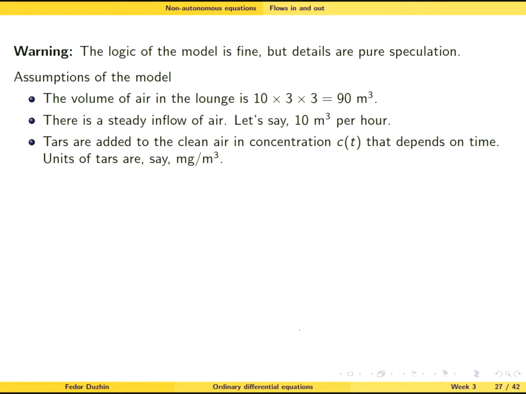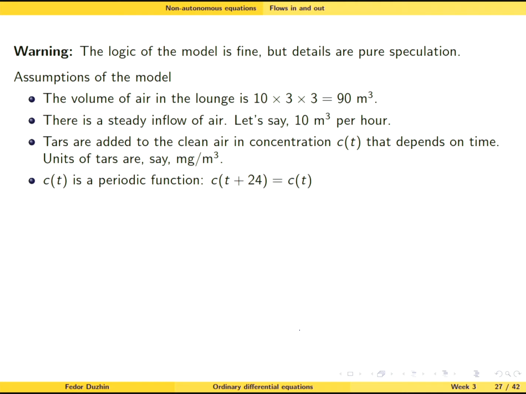Then, when people smoke in the lounge, tars are added to the clean air in a certain concentration that depends on time. So this function C of t is supposed to model the periodic addition of tars due to people smoking.